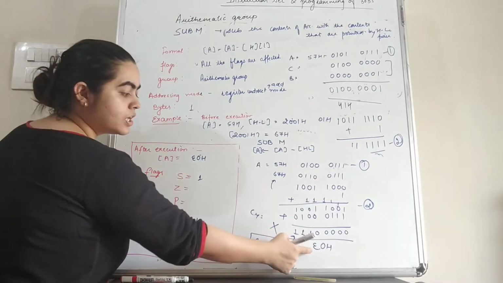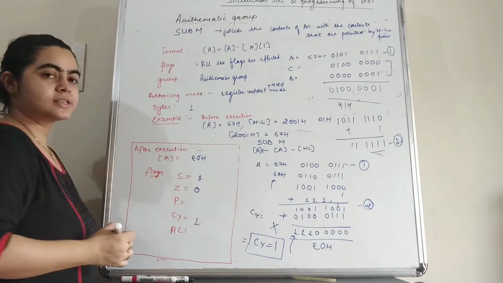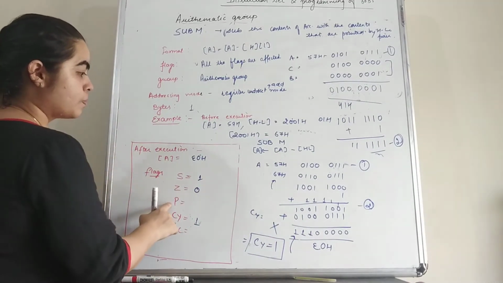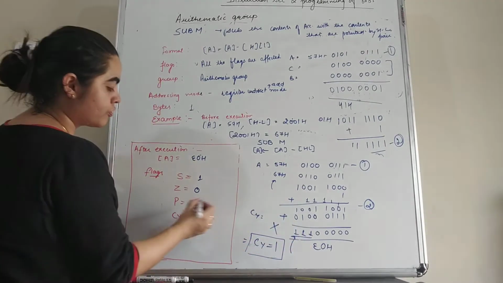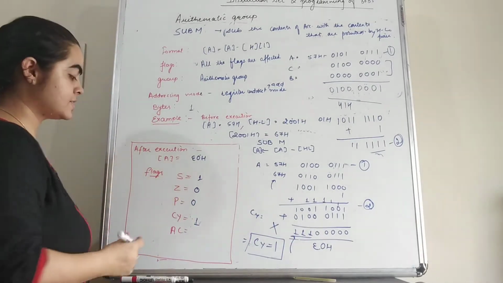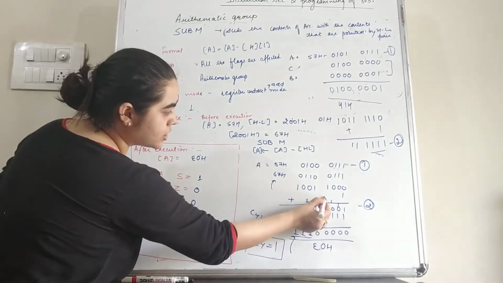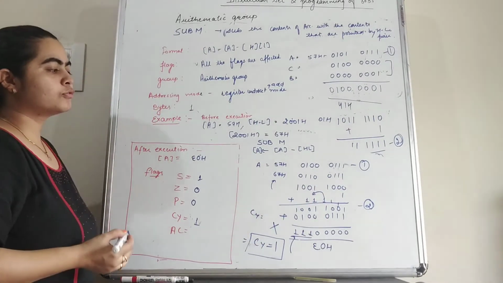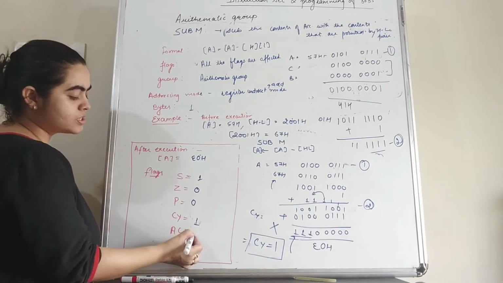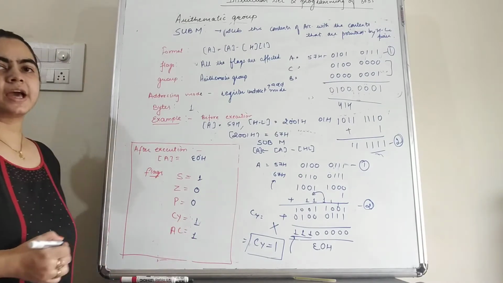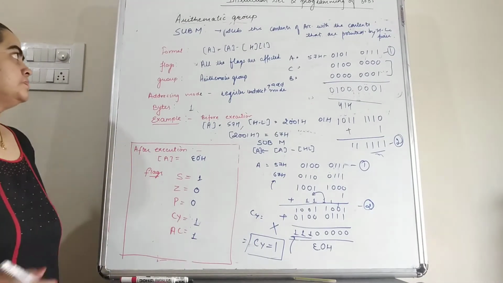Zero flag: the result is non-zero, that means we can set the zero flag to 0. Parity: there are odd number of ones, that means parity is reset. Auxiliary carry: here the carry is generated from the 4th to the 5th bit, that means we can set the auxiliary carry equal to 1.